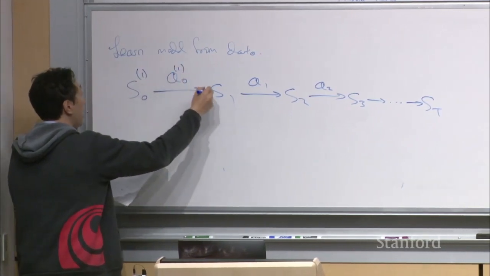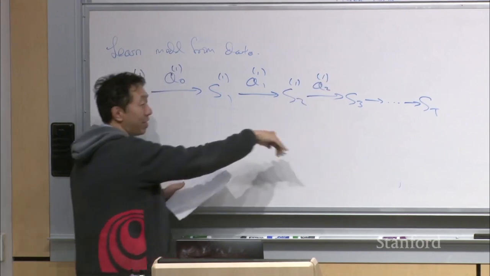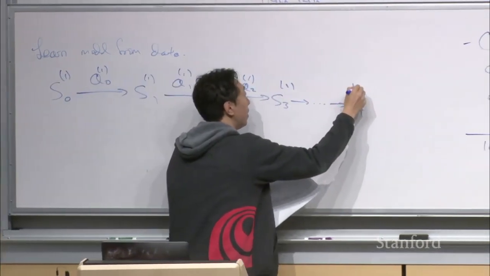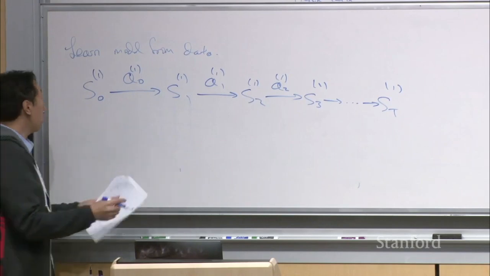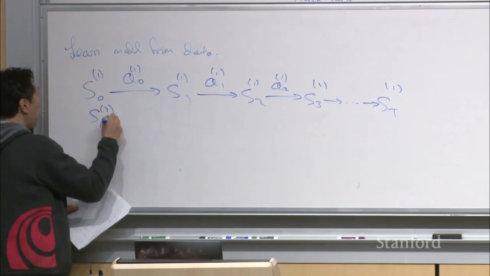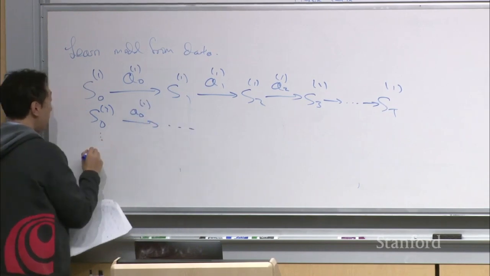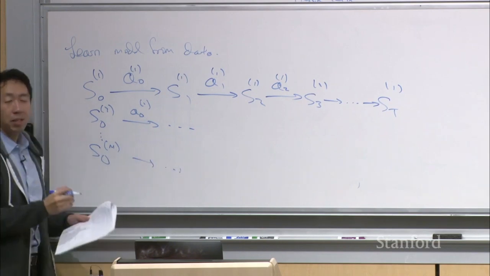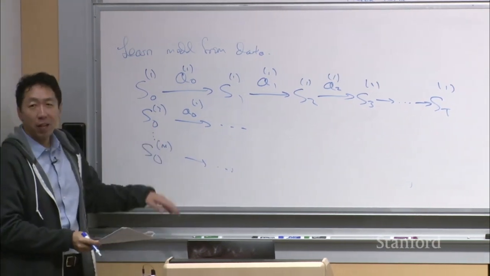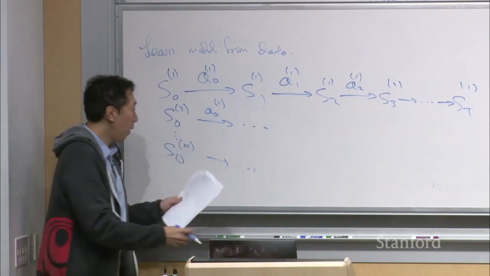Let me use a superscript 1, you get the idea, to denote the first trajectory. So you do this a second time, and so on, maybe m times. This is just a lot of math for saying: fly the helicopter around m times, and record everything that happened.